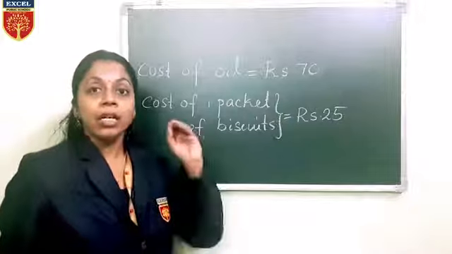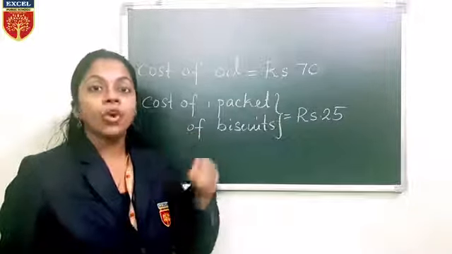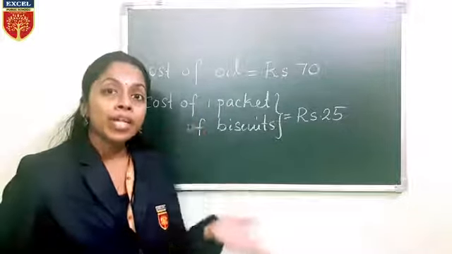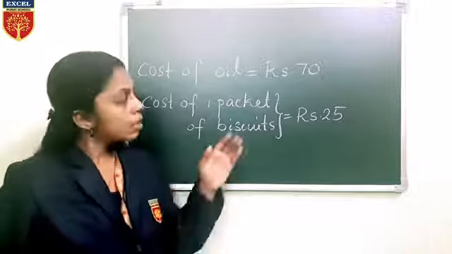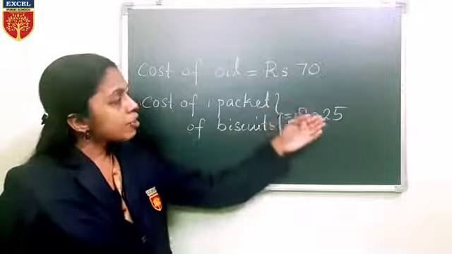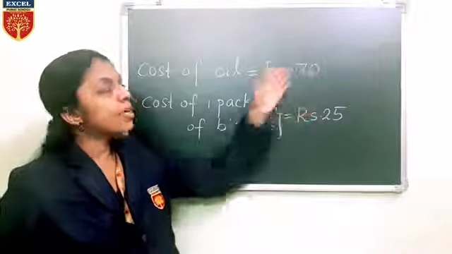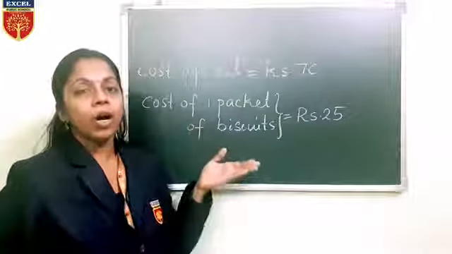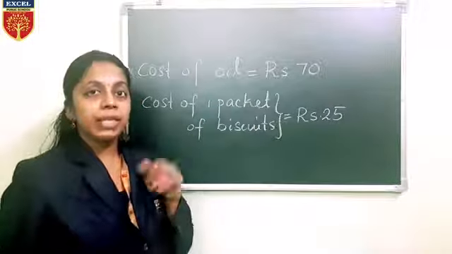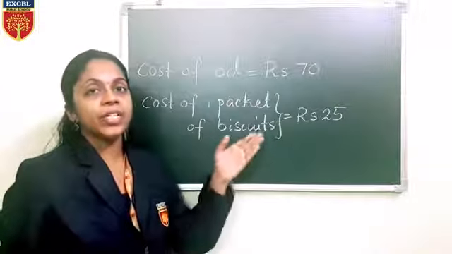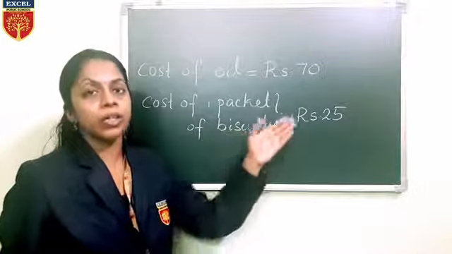She said the cost of oil is 40 rupees more than the cost of biscuit. How to find? Again, subtract 25 from 70. Then we will know how much costlier the oil price is.